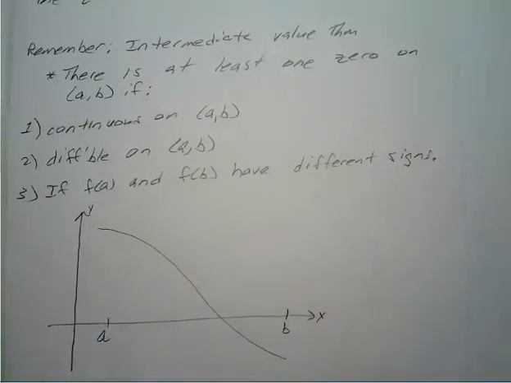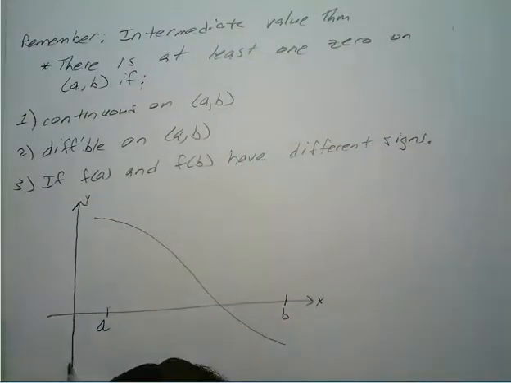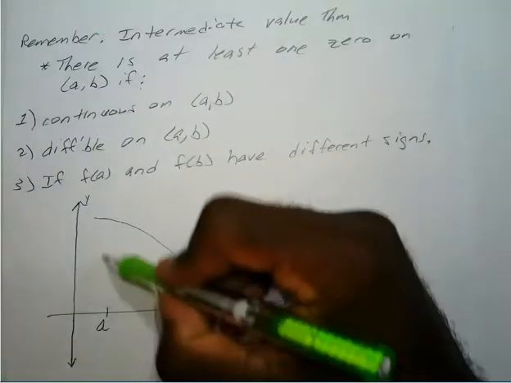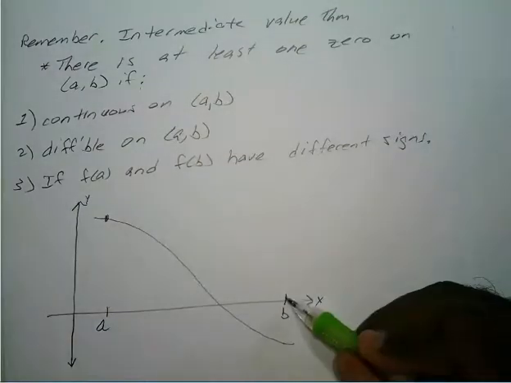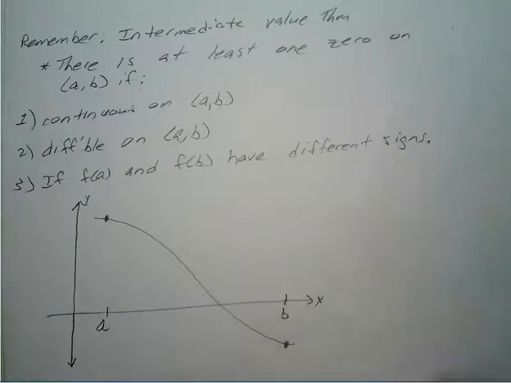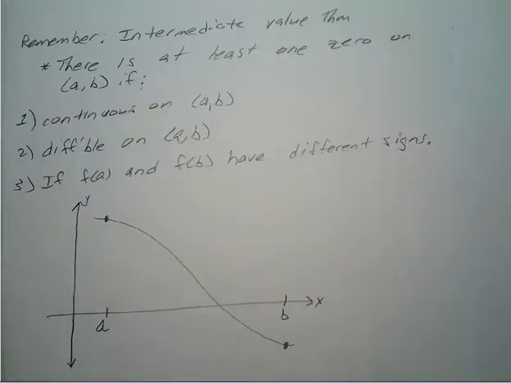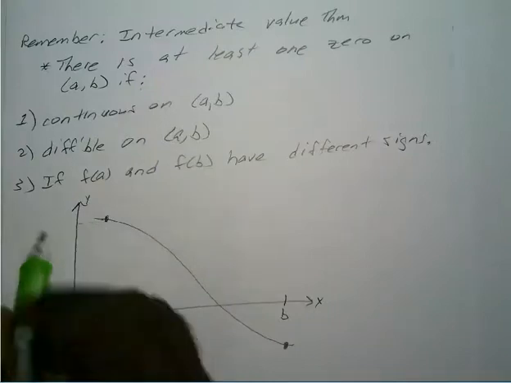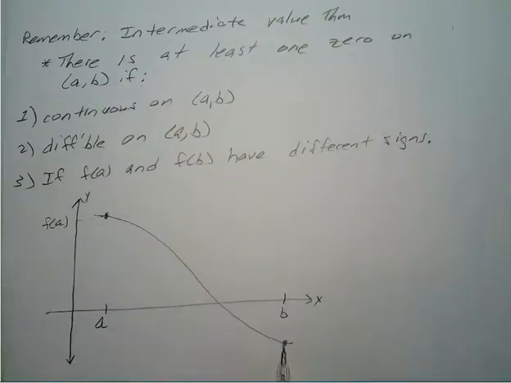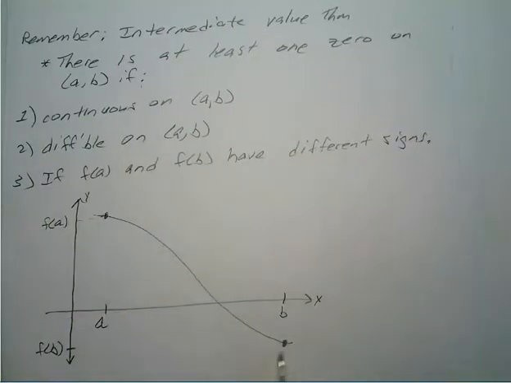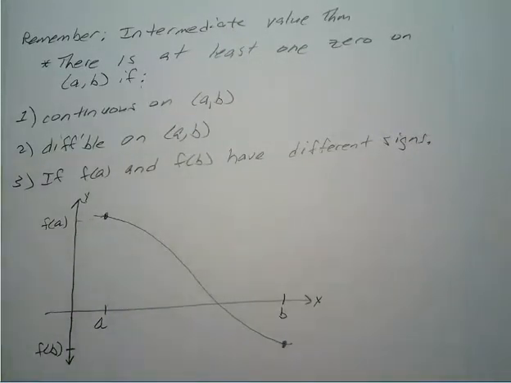Above the axis at A and going down at B. This point is our f of A, and this point is our f of B. Those are two points on the graph.